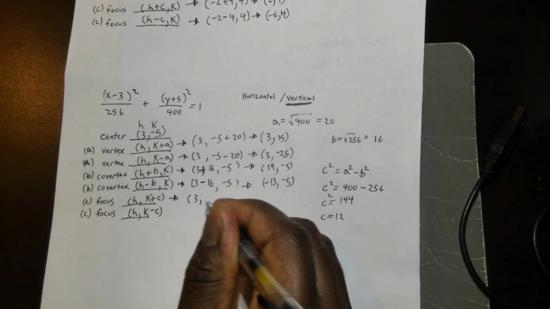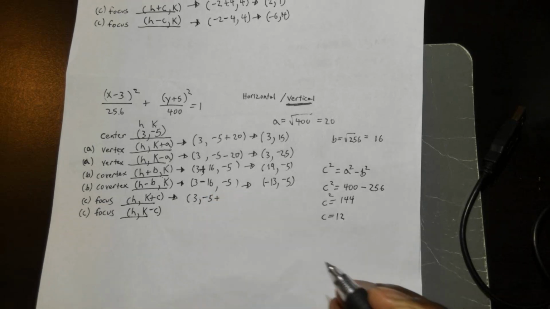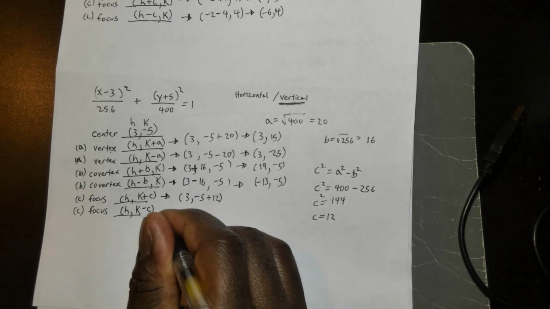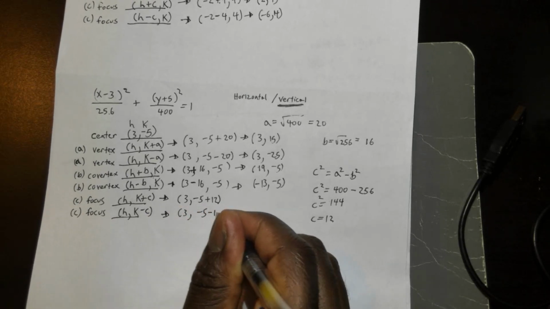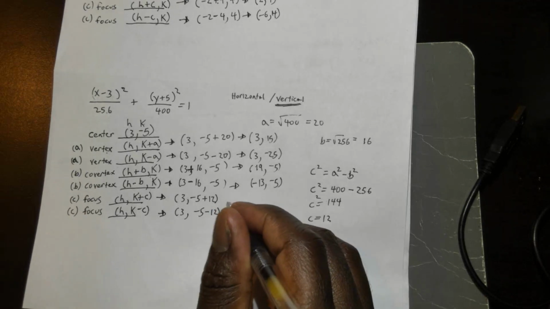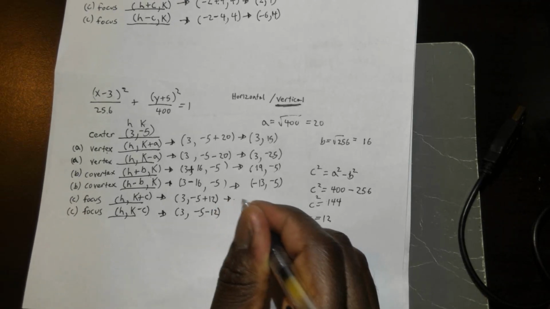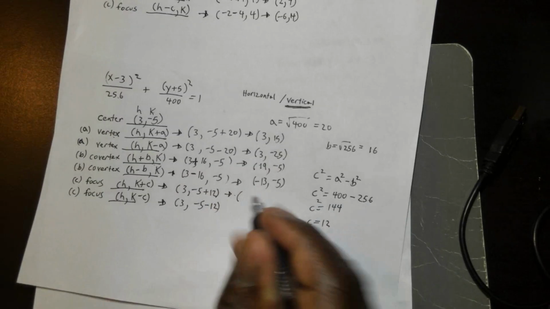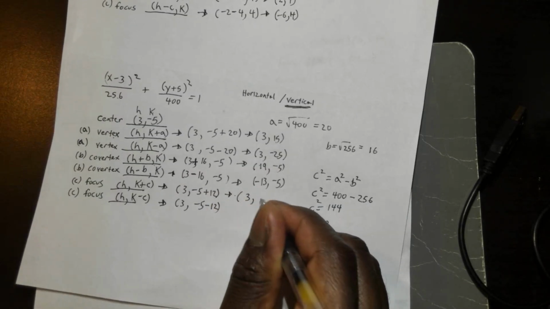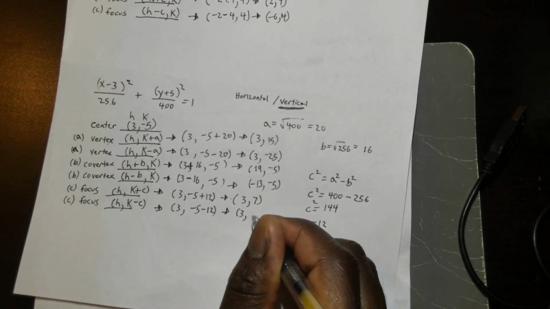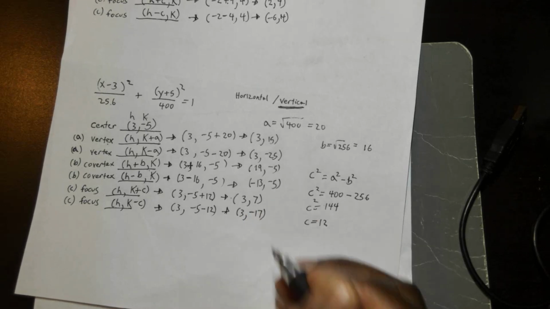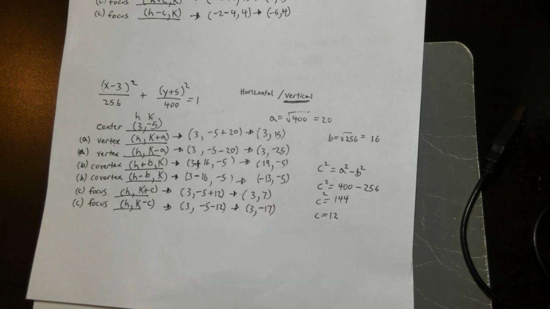So 3, negative 5 plus our c value, which is 12, or 3, negative 5 minus our c value, which again is 12, I'm sorry. So if we write down our coordinate is going to end up being 3, 7, or 3, negative 17. So that's it. That's how we find the attributes of a horizontal or vertical ellipse.